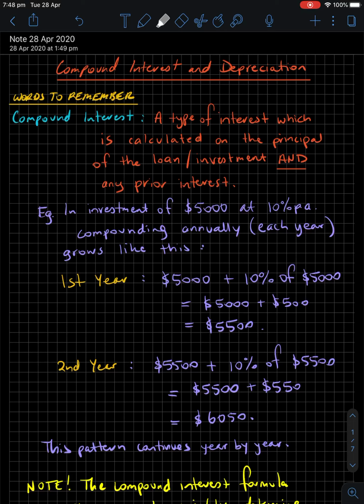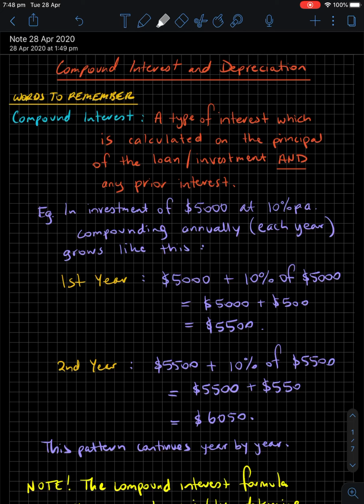So let's say in the first year, your investment is going to go up by 10% of the money that you've invested, because it was 10% per annum. 10% of $5,000 is 500. So you get an extra $500, and that comes out as a total of 5,500. That's just what happens in the first year.